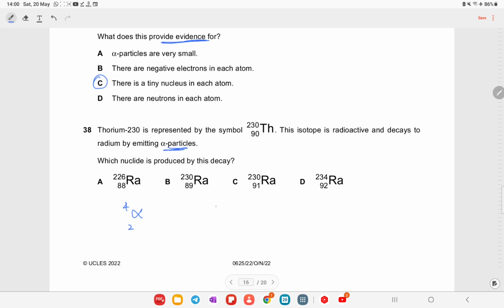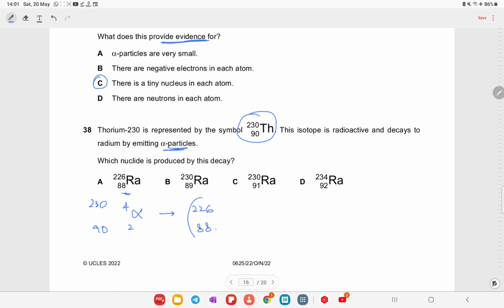So now let's suppose we talk about the first one. If you do this, this is going to be 226 and this is going to be 88. So this is going to be 230 and 90.